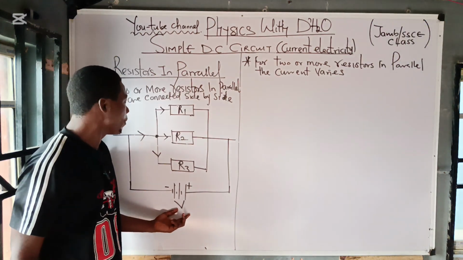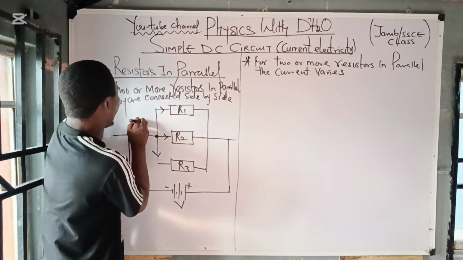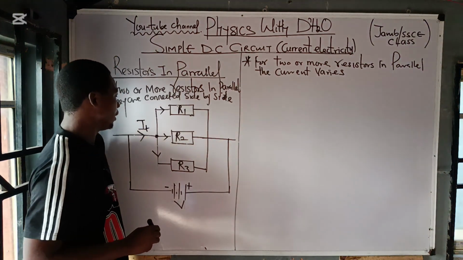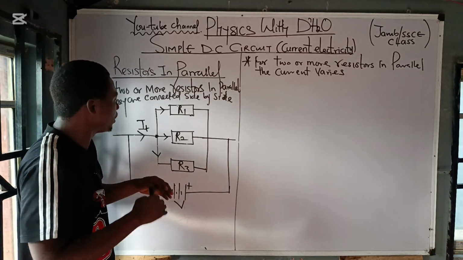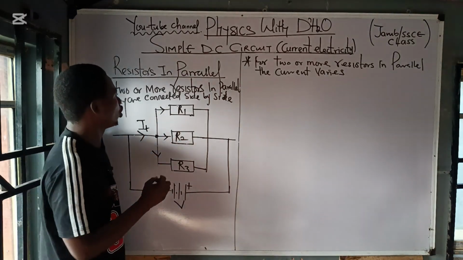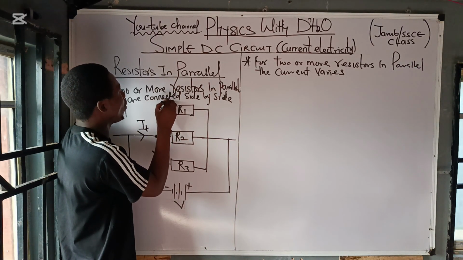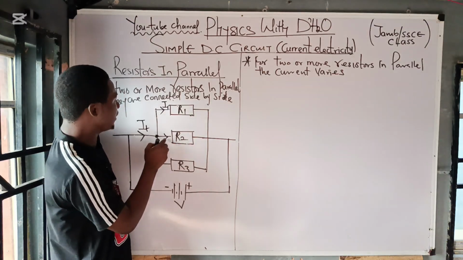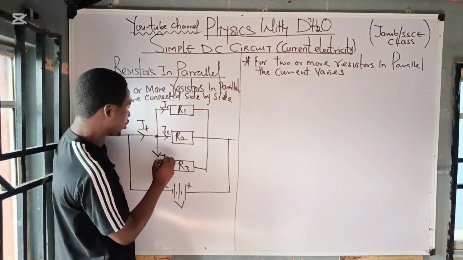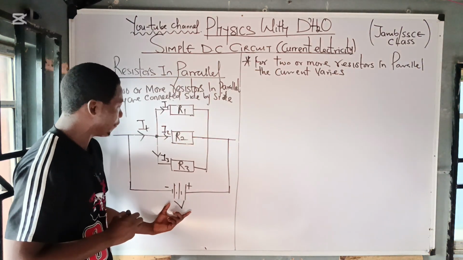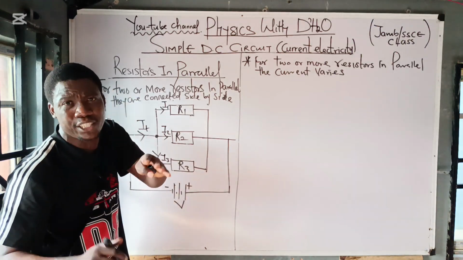The total current coming from here is called the I total current. Now this current becomes divided between the resistors. So what you have here is called I1. The one here is called I2. The one here is called what? I3.